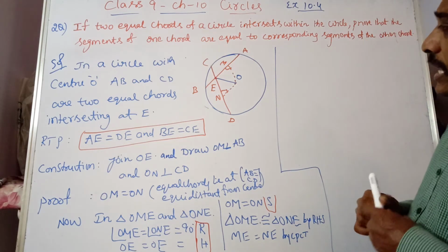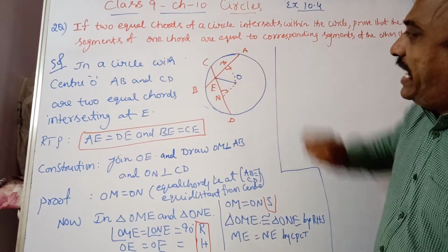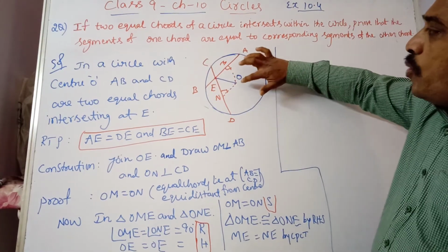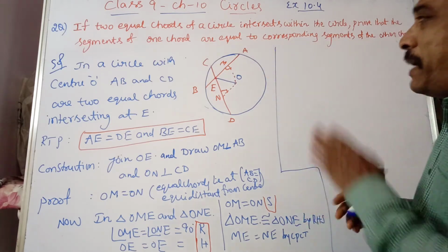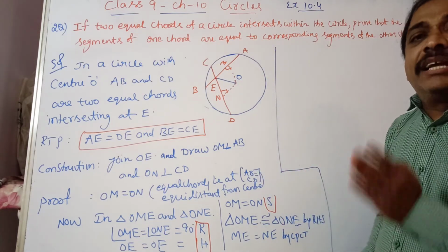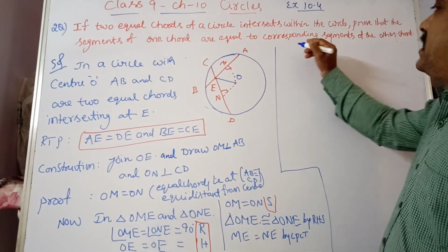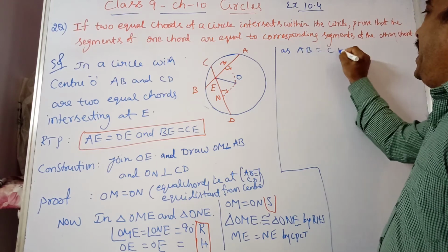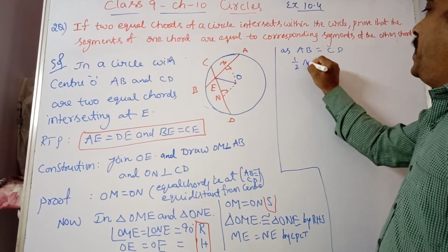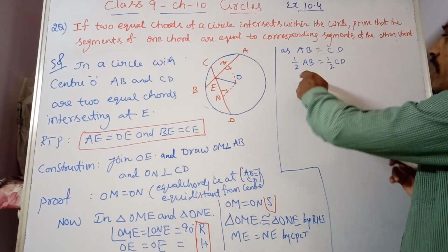Now you see AB is equal to CD, they are equal chords. As we know, OM is a perpendicular, and we already discussed that a perpendicular line from the center to the chord bisects the chord. That means as AB is equal to CD, half of AB is equal to half of CD. What is half of AB?